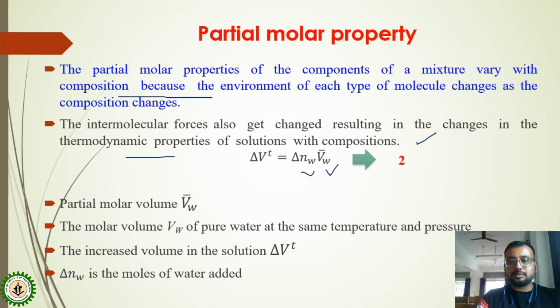times the partial molar volume of water in the alcohol. Here VW bar is the partial molar volume of water, and VW is the molar volume of pure water, which can be identified at the same temperature and pressure conditions, and the increased volume in the solution of pure alcohol is delta VT.